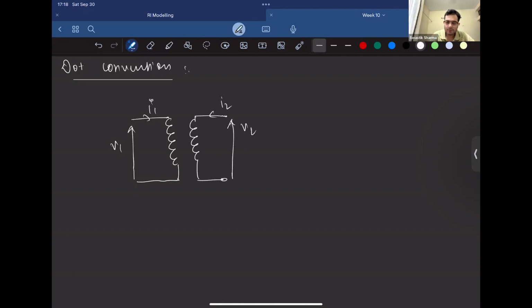To calculate the direction of the magnetic field lines, we use the right hand thumb rule, where the thumb denotes the direction of current and the direction in which the fingers curl denotes the direction of magnetic field. Since I1 is entering, the current is going down, and the curl of the fingers will denote the direction of magnetic field. So it's linking like this, right? So this is phi 1.